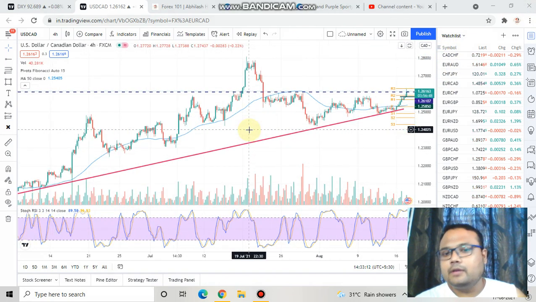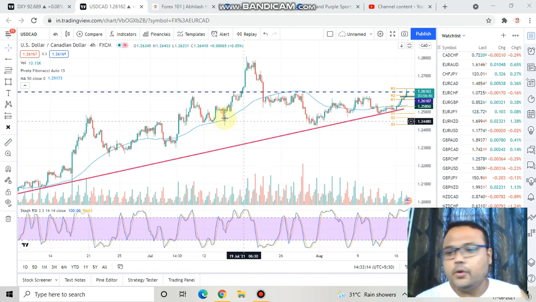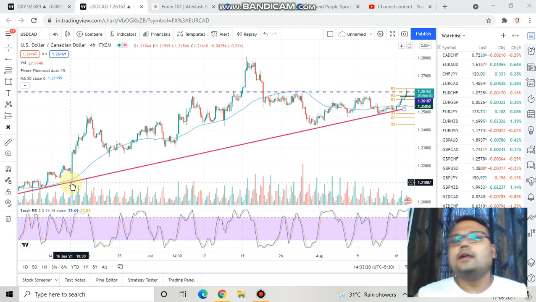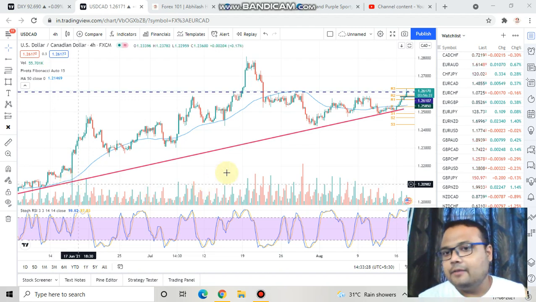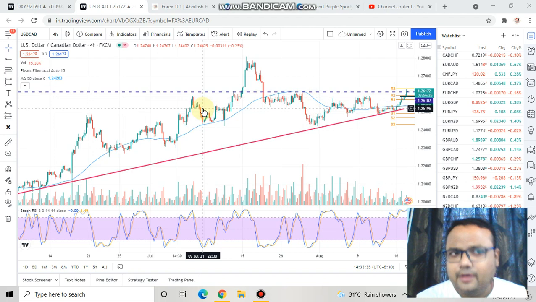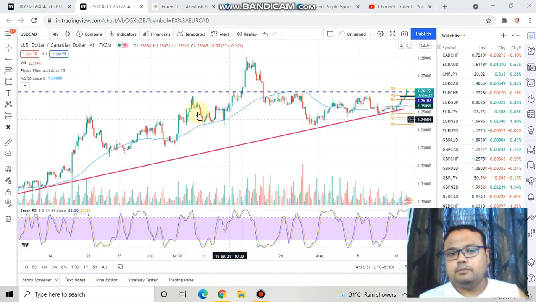And if I zoom out the chart, as I have just spoken earlier, this trend line is, as you can clearly see, acting as a very strong support for the market. And if you do not have this line in your charting platform, then my dear friend, I'll request you to draw this line, at least these two lines, because these two lines are very important for the USD CAD chart.